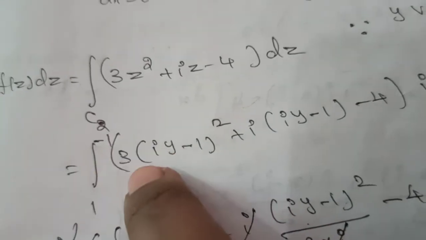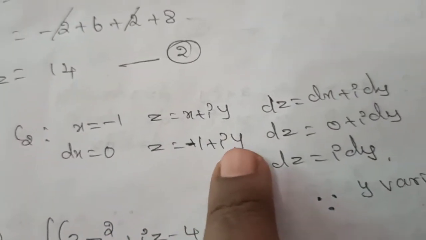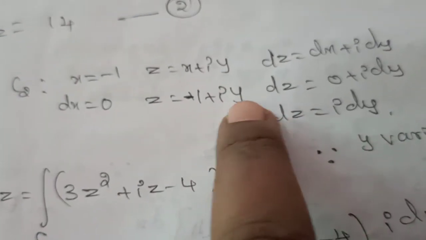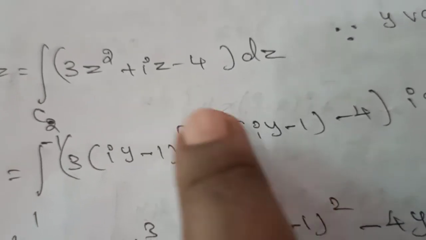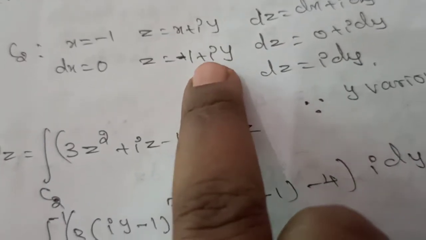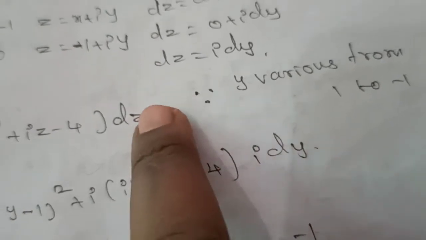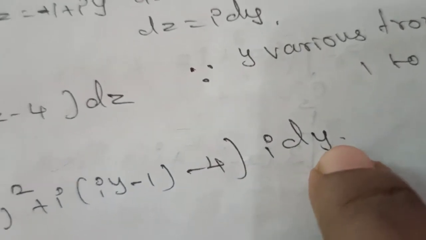That is integration of 3 into z, where z becomes iy minus 1, so iy minus 1 the whole square, plus i into again iy minus 1, minus 4, into dz, and we got dz as i into dy.